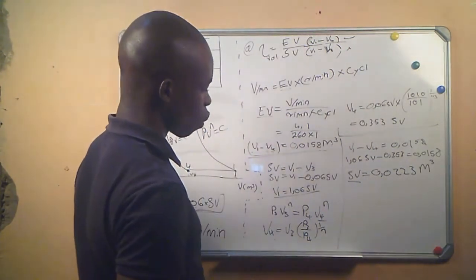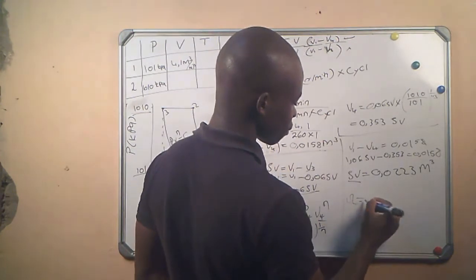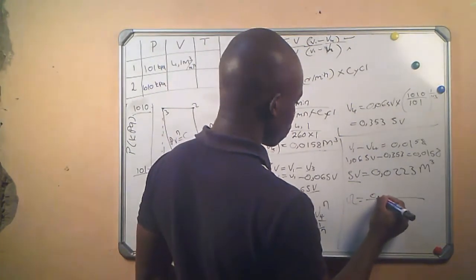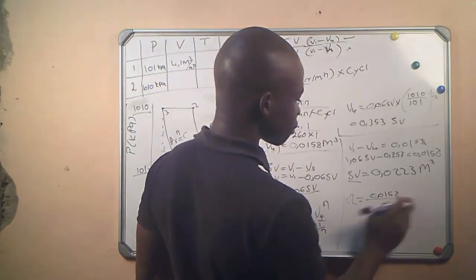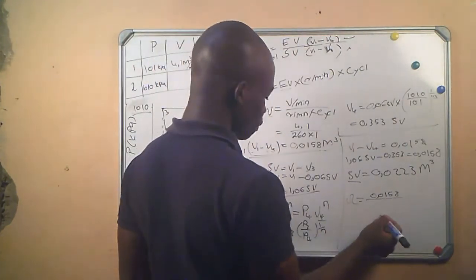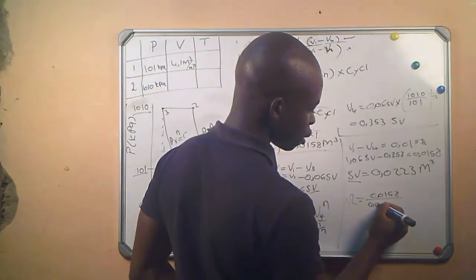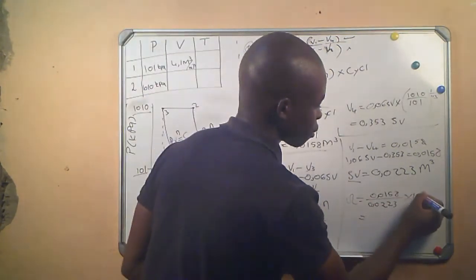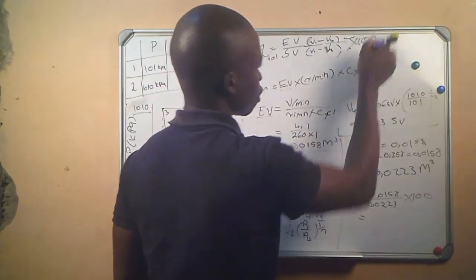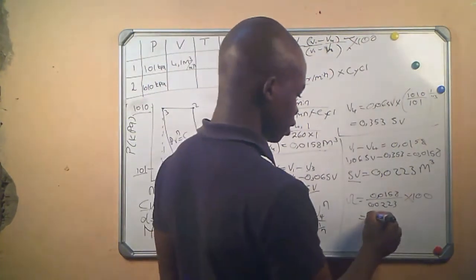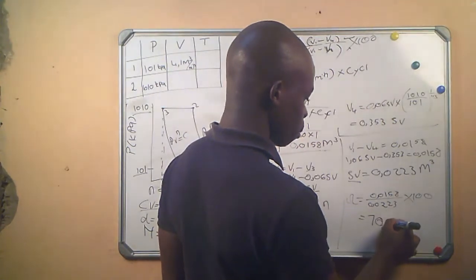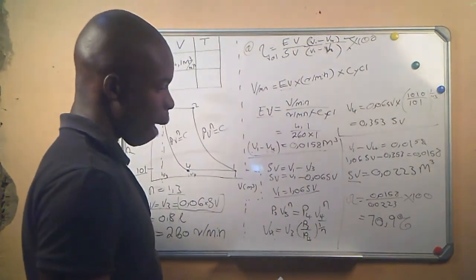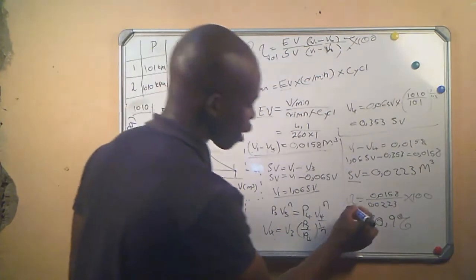So from there we can say our volumetric efficiency equals the effective volume, 0.0158, over our swept volume, 0.0223, times 100, and then our answer is 70.9%. That's our volumetric efficiency.